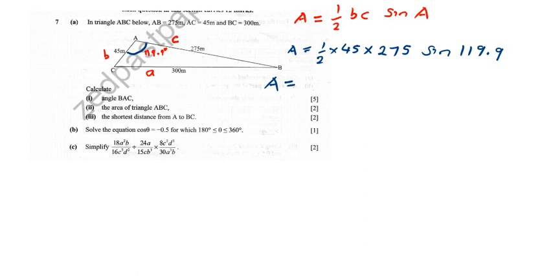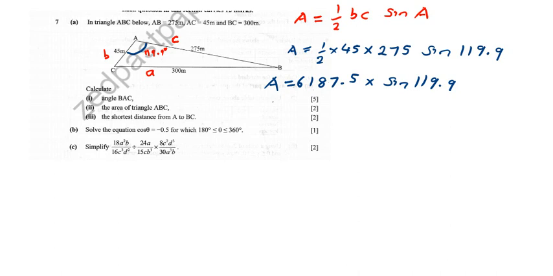When we multiply, we are getting 6187.5, and then times our sine 119.9.